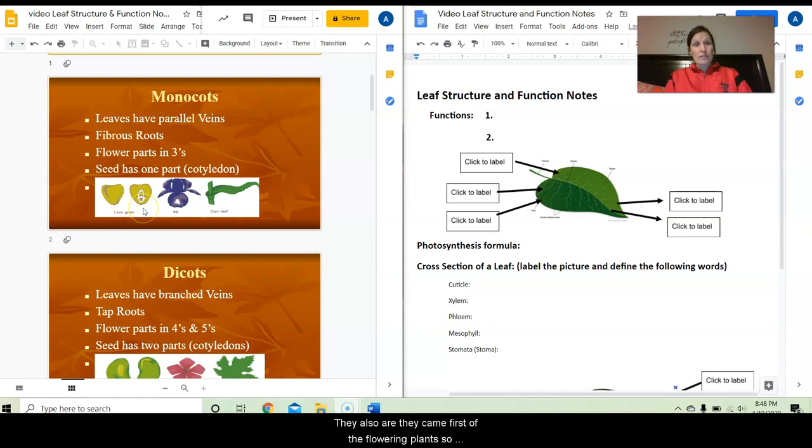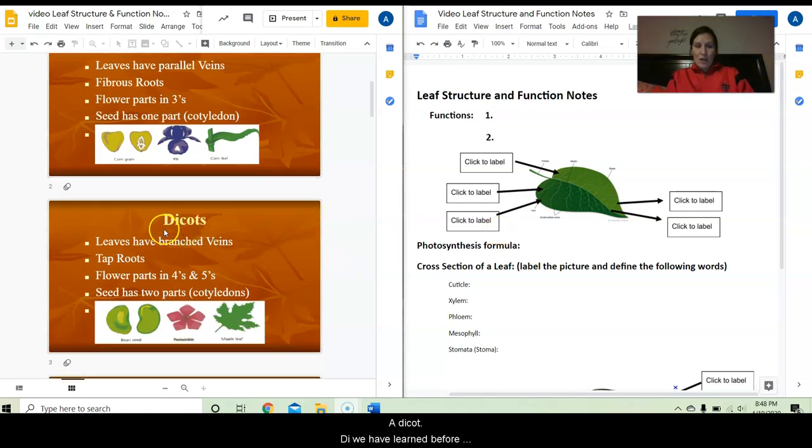They came first of the flowering plants. The way I remember it is they're easier, their structures are easier because they came first. So the leaves are going to have parallel veins. Parallel means, remember, they all go in the same direction. They don't cross, like a railroad track. They have fibrous roots, and their flowers are going to be in groups of three. So 3 petals, 6 petals, 9 petals.